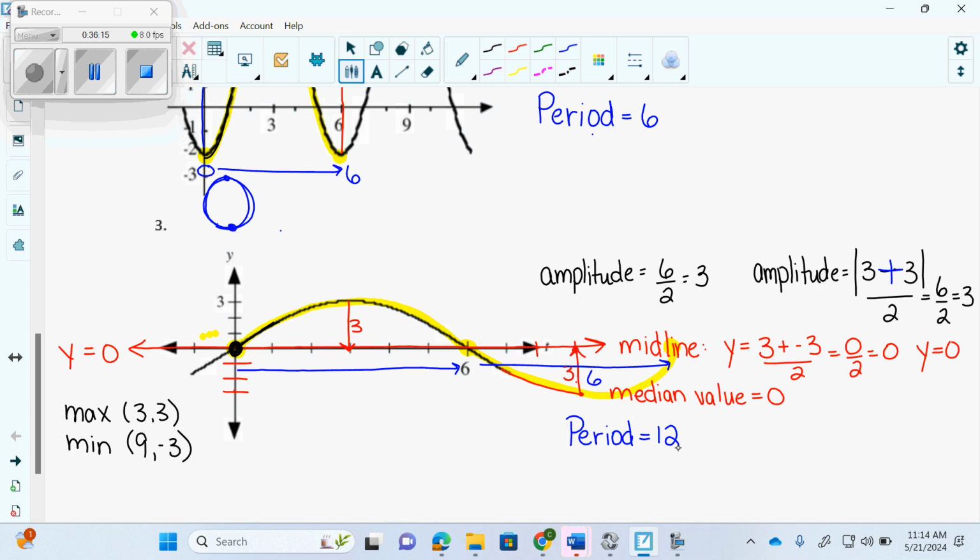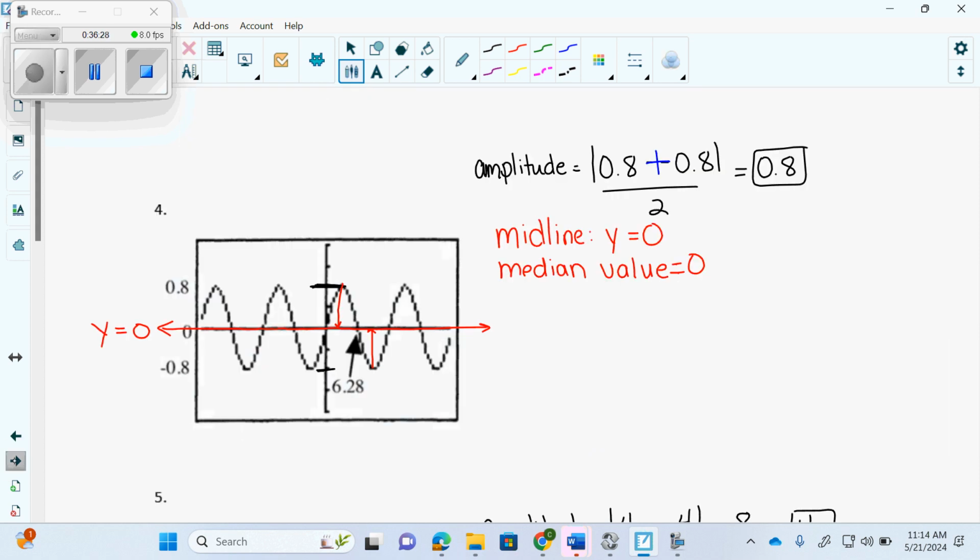Okay, then we're going to flip over. Okay, so I'm going to start on my y-axis, and I'm going to go past the max, past the min, back to that height.